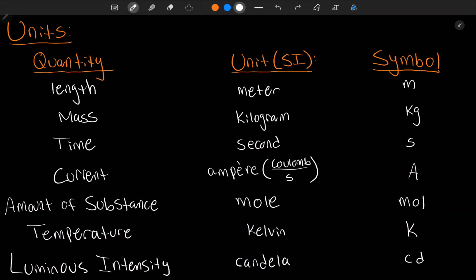For example, if we wanted to measure a length, the unit associated to length is a meter, often written as m. If we wanted to measure the mass of something, we use kilogram, often written as kg. As a note, this is not a weight. As we'll see later, a weight is actually a force, it's not a mass.